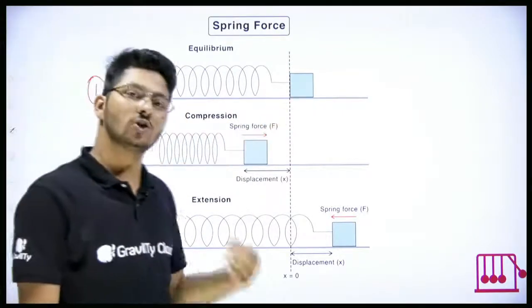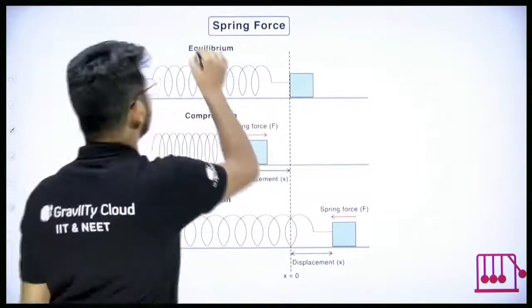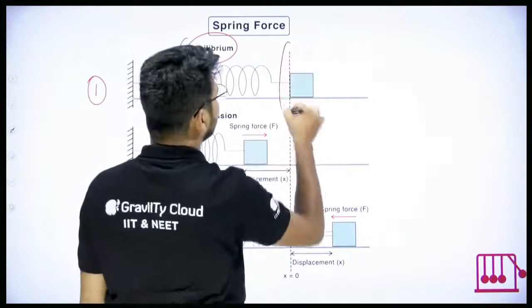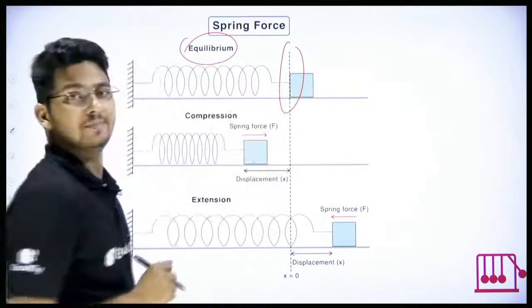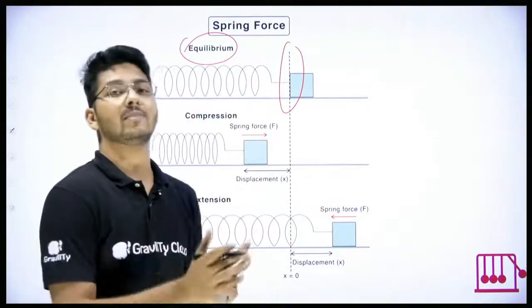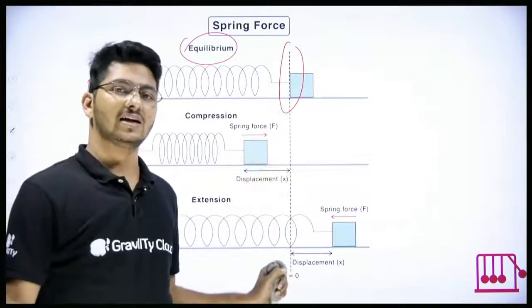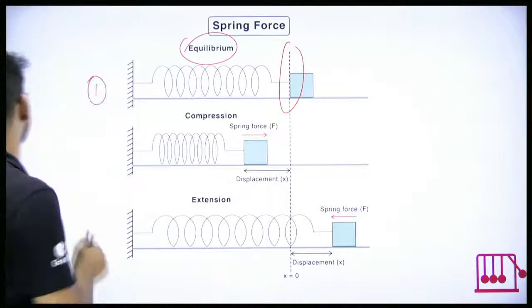Whenever there is no spring force, that is the equilibrium position. This dotted line shows the position of the block we call equilibrium position. The spring is in natural length, not compressed, not elongated. So no spring force.